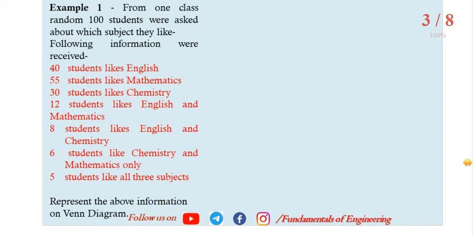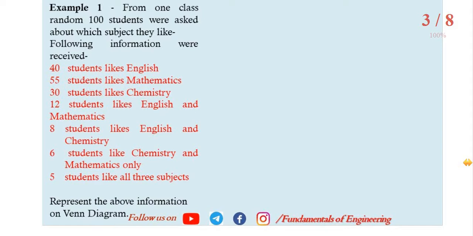But in between, 12 students said that they like English and mathematics, 8 students said that they like English and chemistry, and 6 students said that they like chemistry and mathematics only, and there are 5 students who like all 3 subjects. Now we have to represent this information on a Venn diagram and find out whether there is any student among these randomly selected 100 students who doesn't like any of the 3 subjects: English, mathematics and chemistry.